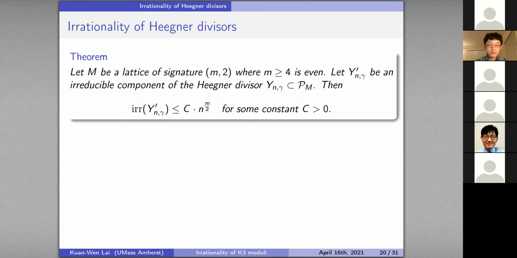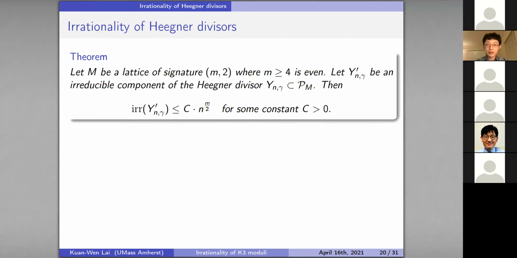So let N be a lattice of signature (n,2), but we assume n to be greater than or equal to 4. And here n in our case is assumed to be even. And suppose Y_{n,gamma'} is an irreducible component of the Heegner divisor. Then we have this estimate.